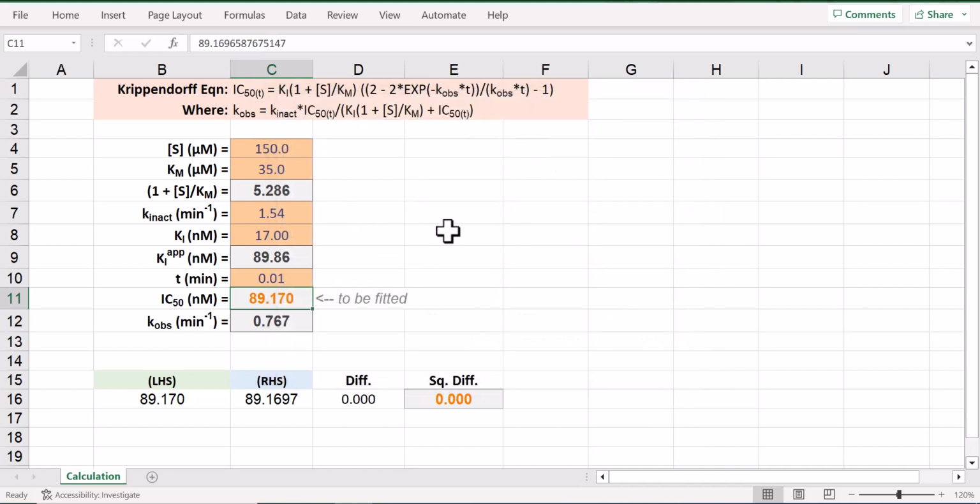But for those of you who are not specifically interested in irreversible enzyme inhibitors, and shame on you, the point of this exercise was to demonstrate that if you set up cells to calculate the left-hand side and the right-hand side of an implicit equation separately, you can ask Solver to find a value for one parameter for which the difference between these two sides will be 0. And in this way, you can use Excel to solve any implicit equation.